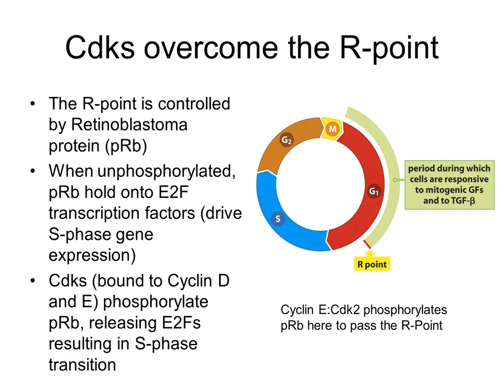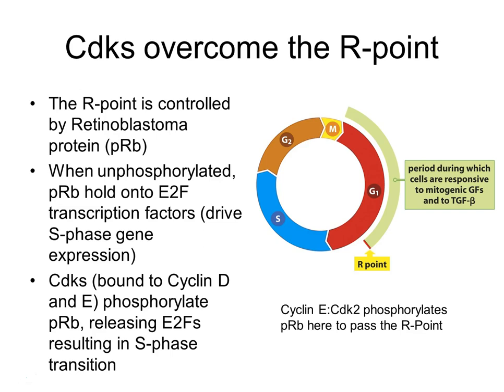Now that Cdk2 activity, so we've got cyclin E produced in G1/S phase, that Cdk2 is going to be activated by cyclin E, and Cdk's job is to phosphorylate the retinoblastoma protein, which is controlling the R point. This is really important because retinoblastoma holds on to E2F transcription factors.